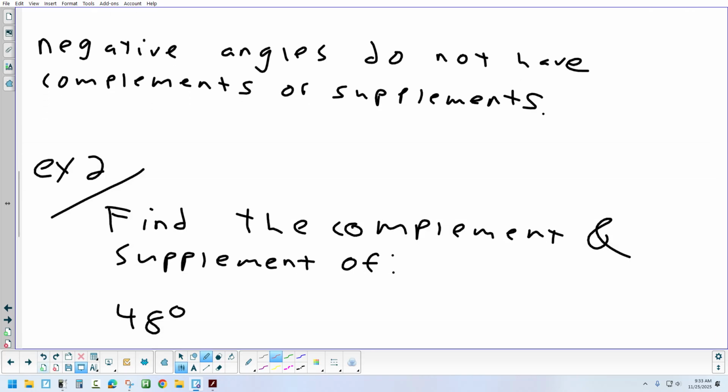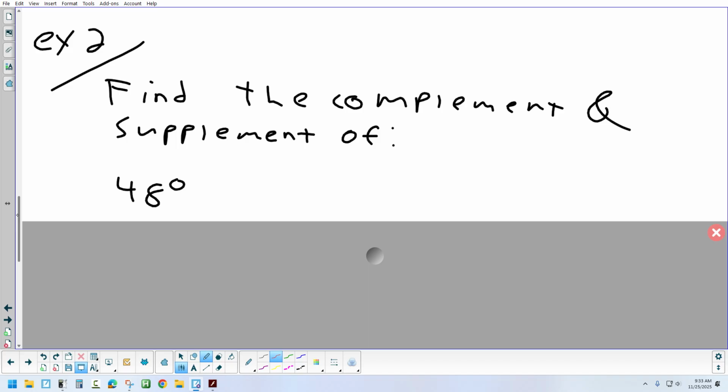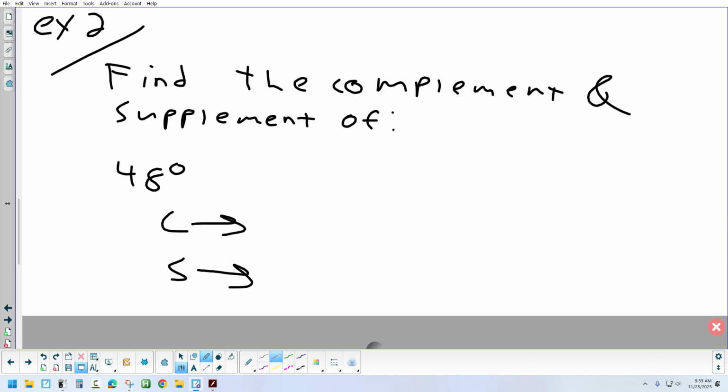Okay. So I'm going to give you an angle, and I just want you to tell me the complement of it and the supplement. What's the complement of 48 degrees? 42. And what about the supplement of 48 degrees? 132.